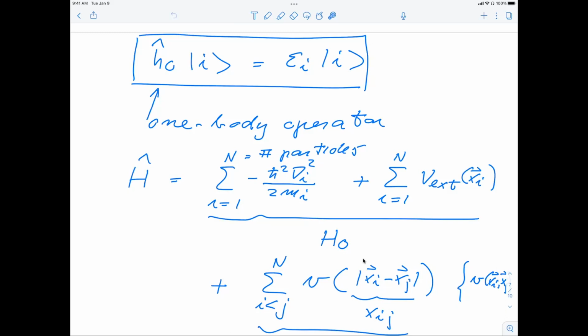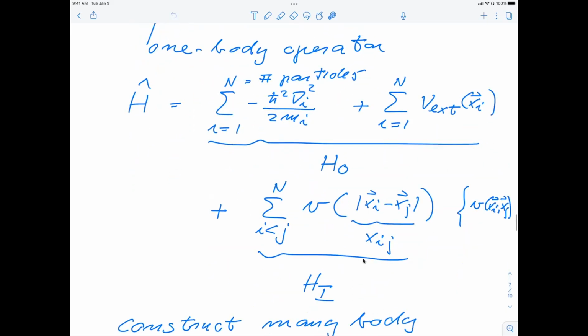These are things you've seen before, right? And so in atomic physics, you could think of the potential which is set up by the atomic nucleus as this external potential. Then the electrons interact with each other, and that could be represented by this term here.